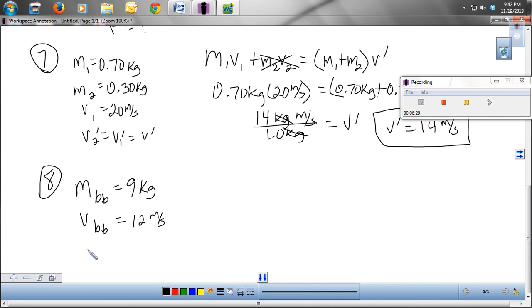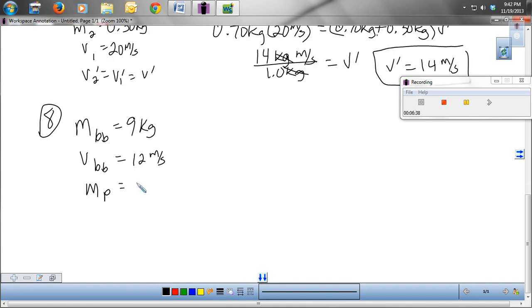And the pin itself has a mass of 2.5 kilograms. The pin was standing still initially. And it says that when she hits, the pin is given a velocity of 18 meters per second. And we want to know the new velocity of the bowling ball.